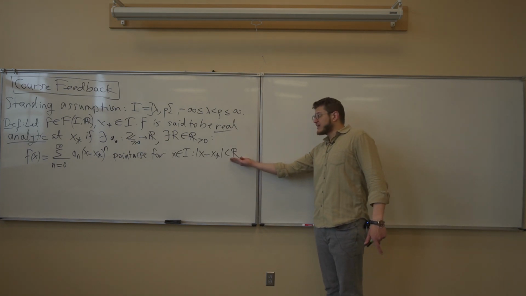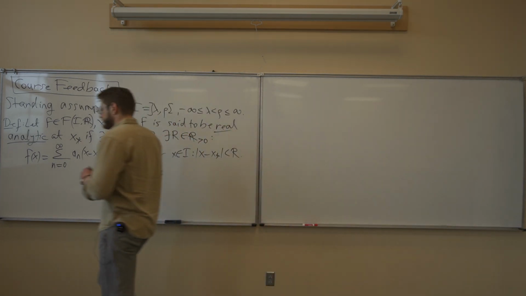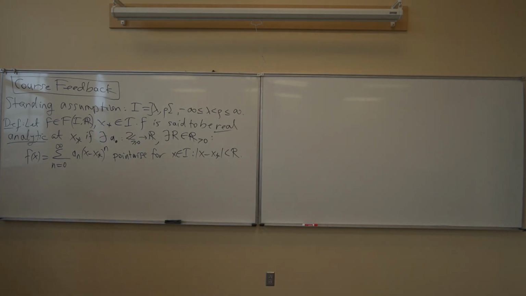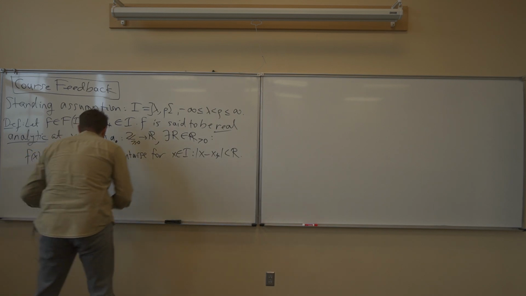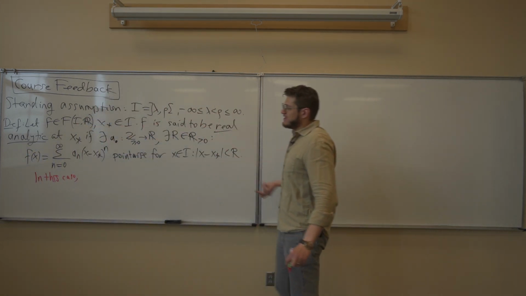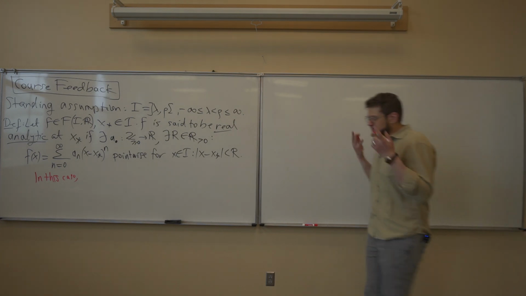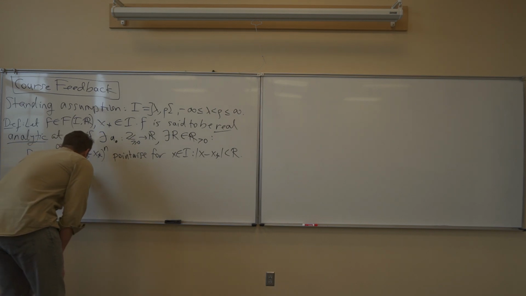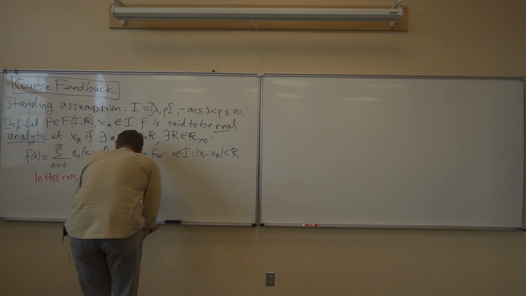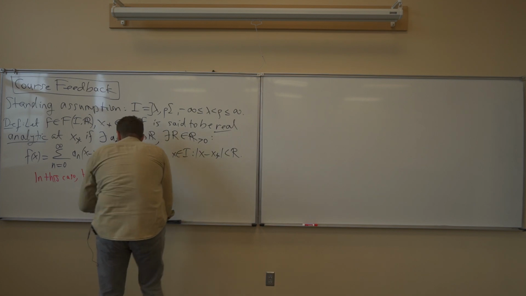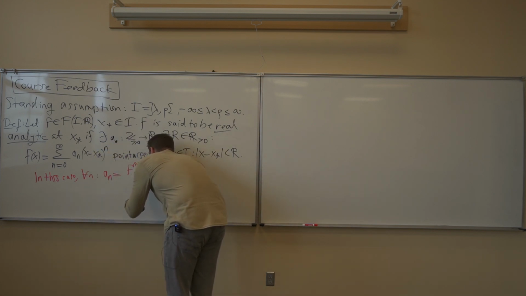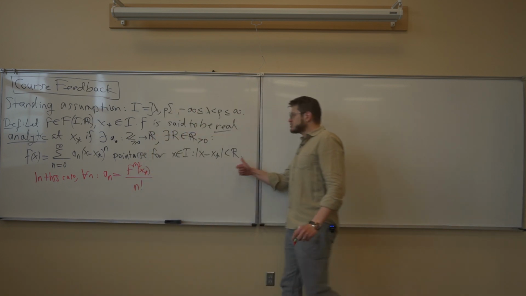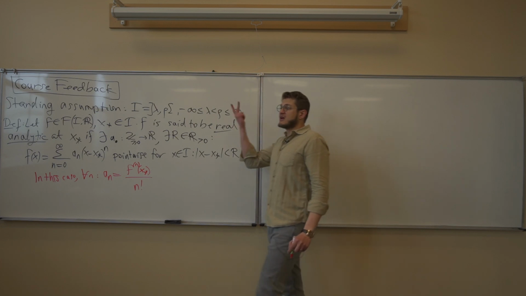And in fact, I know what this r is too, at the very least, or I have a candidate. In this case, there is some a bullet, but that sequence is fixed completely once you know x star and f: the nth derivative of f evaluated at my base point divided by n factorial. And of course, R should be the radius of convergence at the very least. It could be larger in principle.